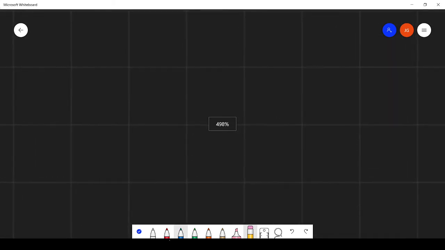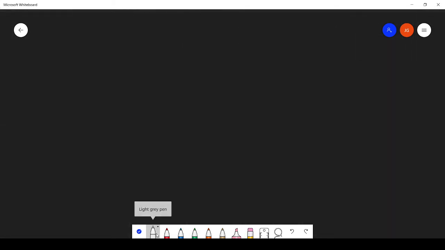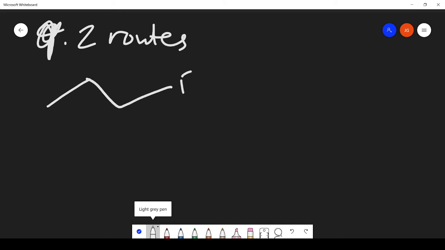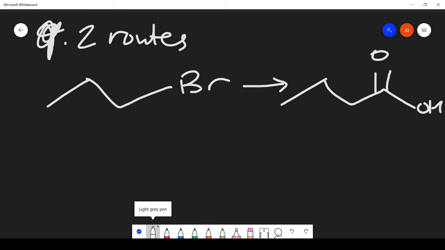Sorry. All right, for number 9, we want to find two routes to go from an alkyl halide to a carboxylic acid. Two different routes.